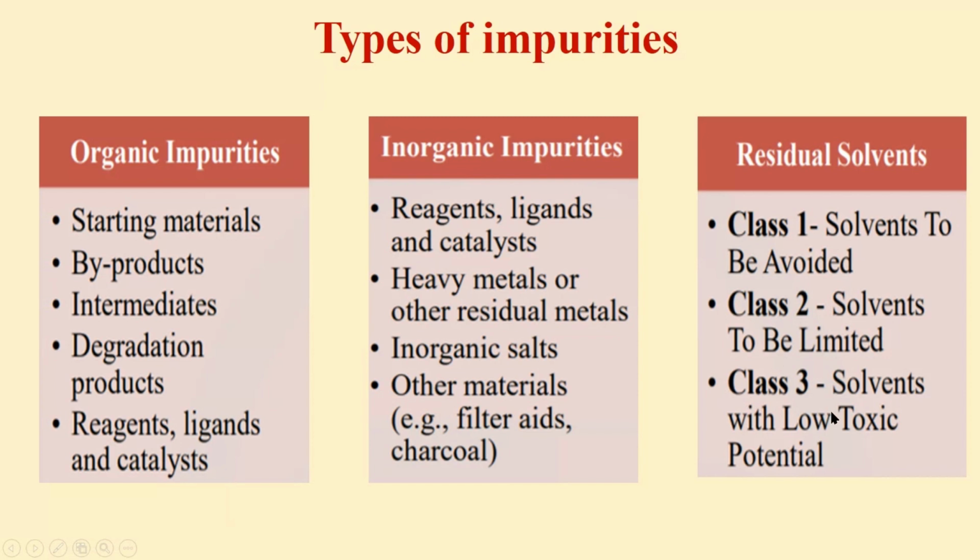Class 3 solvents have very low toxicity and can be used. Class 1 are highly toxic, that's why they should be completely avoided. Class 2 are moderately toxic, that's why they should be limited. These organic impurities, inorganic impurities, and residual solvents are the three types of impurities present in our pharmaceutical ingredients.